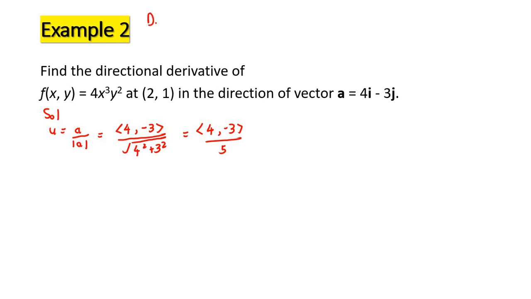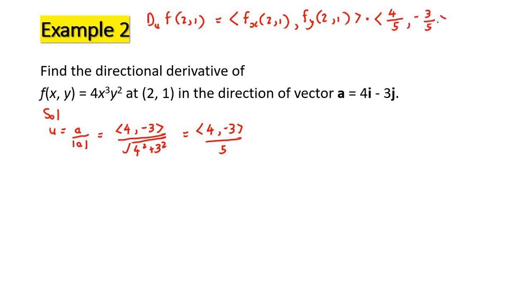And then the directional derivative at the point (2,1) will be f_x(2,1) i plus f_y(2,1) j, dotted with the unit vector, which we now obtain as 4 over 5 i minus 3 over 5 j. So this is the first step.